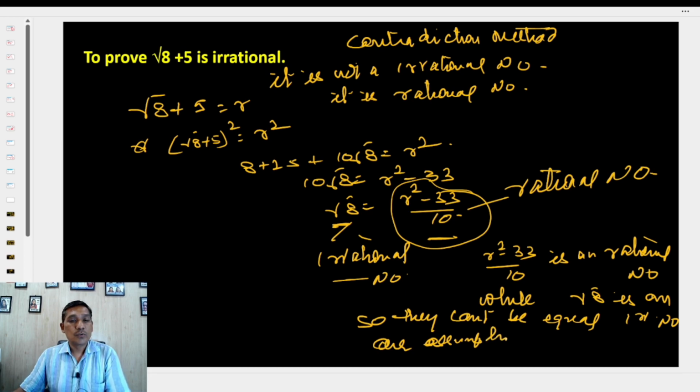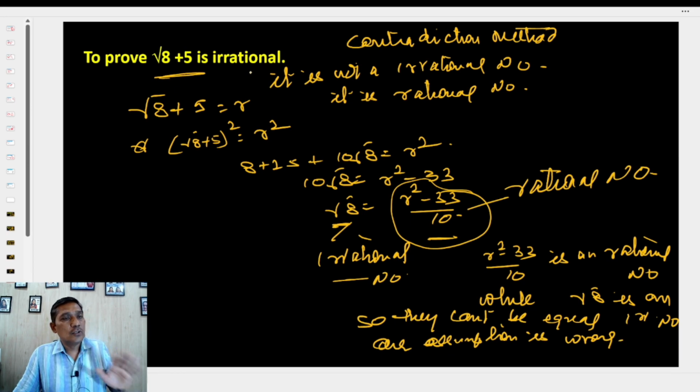Our assumption is wrong. Okay? Root 8 plus 5 is not a rational number. Rather, it is an irrational number. That is what we do for these kinds of questions.